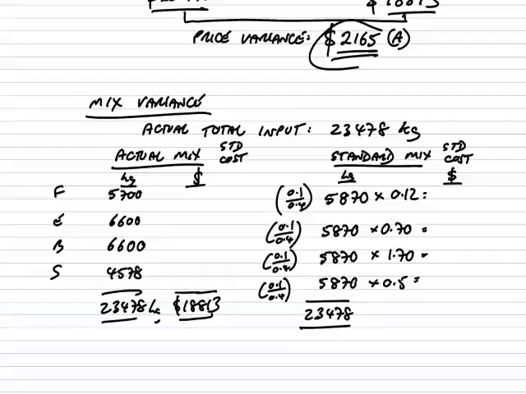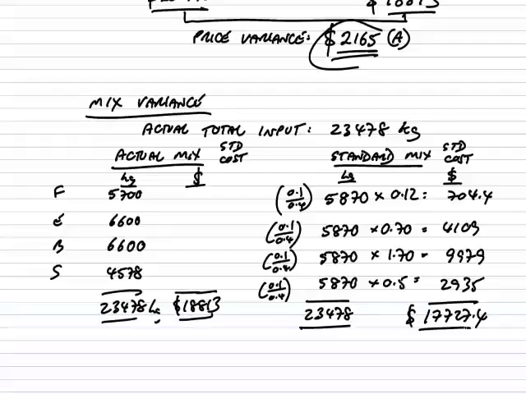The correct mix at standard cost would have cost us a total of 17,727.4.